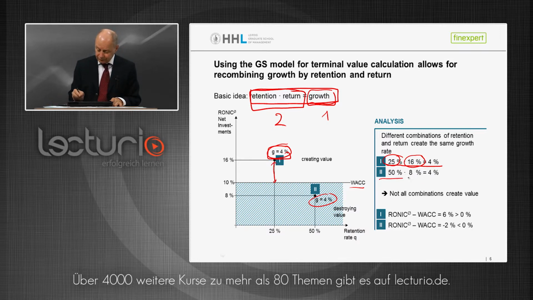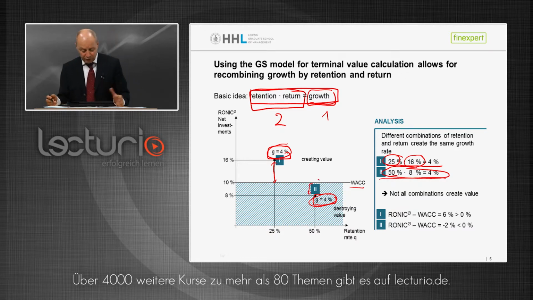The second part of this slide is the same growth rate, but now derived based on a different combination of retention and return. 50% retained at an 8% rate of return is also yielding a 4% growth rate, but you can easily verify that in this case the rate of return is below the WACC, and that means that in this particular case our assumptions destroy value because we have a negative excess rate of return, a negative spread of 2%.